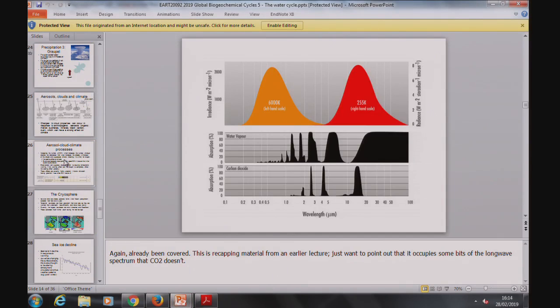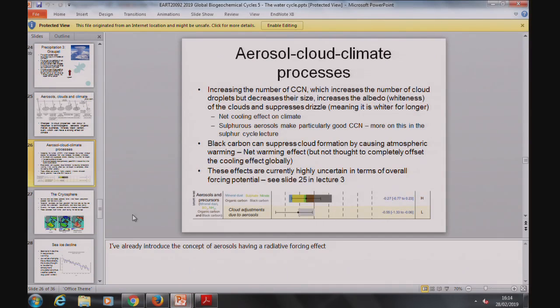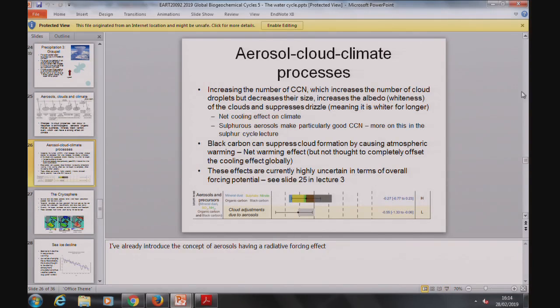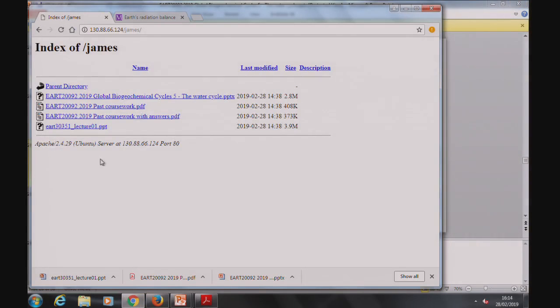This one. Yeah. I haven't got it. I forgot. Oh, so if you want to go to that web page, those two slides from there.